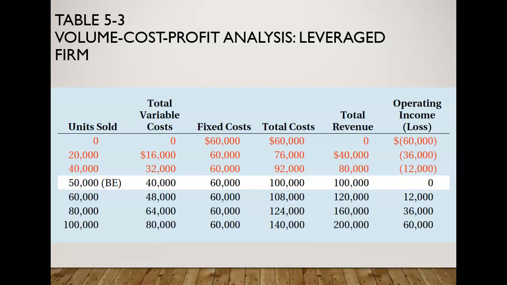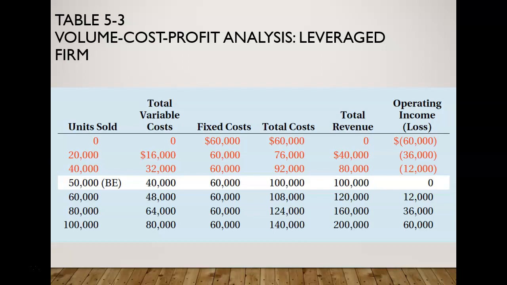Likewise, if 20,000 units were produced, then our total variable cost would now be $16,000. Fixed cost will remain the same, it doesn't change, $60,000, and therefore our total cost would be $76,000. So total revenue would be $40,000 and our loss would be reduced from $60,000 to $36,000.